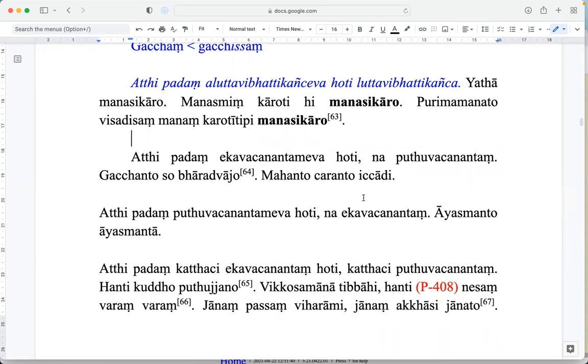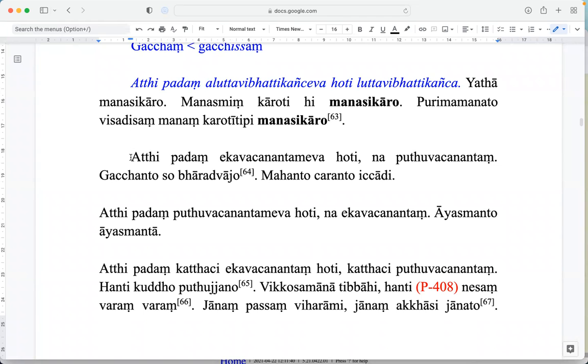I have a question, Sarah. The word manasikaro has two different definitions, but it's still alutta samasa, right? The first manasikaro is located case, so aluda vibhatika.